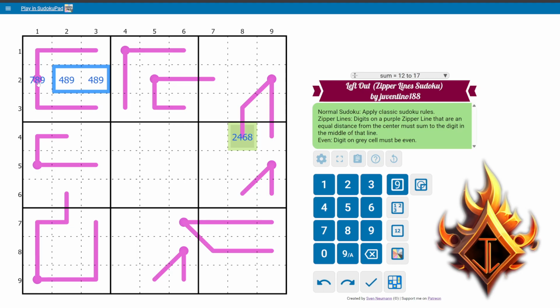If it was 9, then these would equal 9 as well. But regardless, that is putting 9 here.